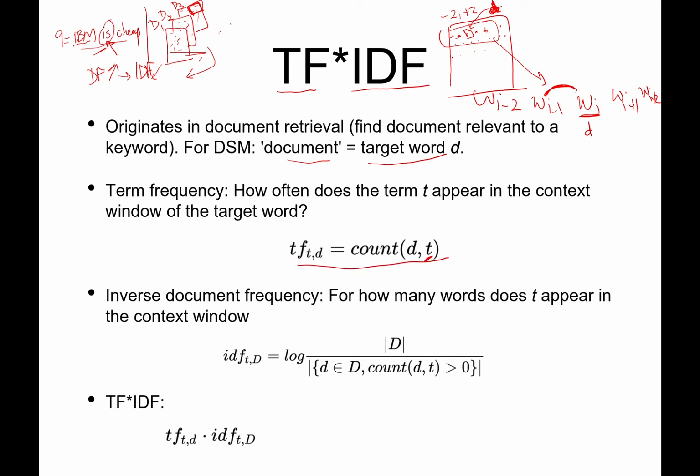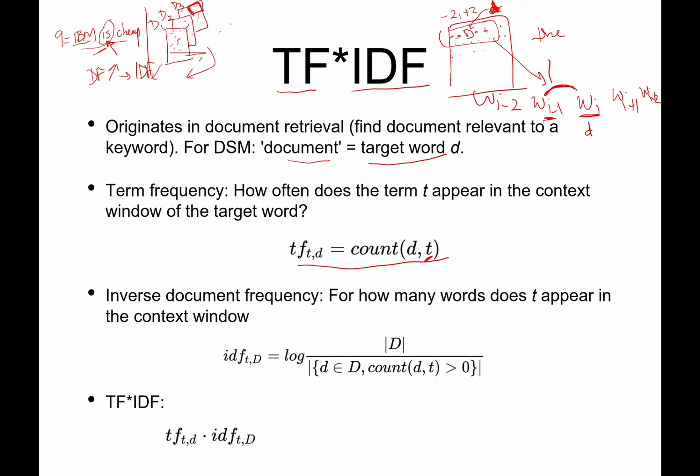Okay, and then I'm going to ask the question, what about other words that w_i minus 1 appears with in the context? If w_i minus 1 is a word like, for example, the, that means I'm going to find a bunch of other words that it co-occurs with.